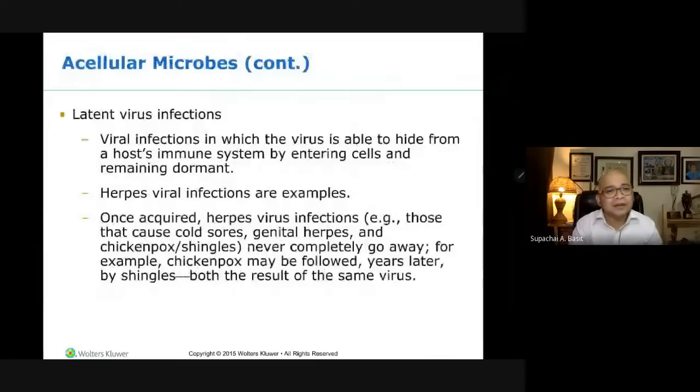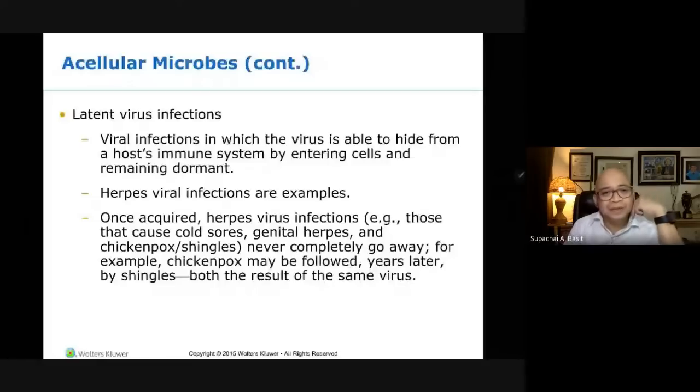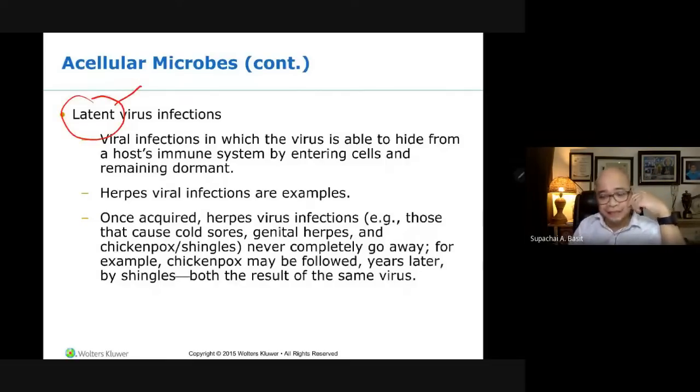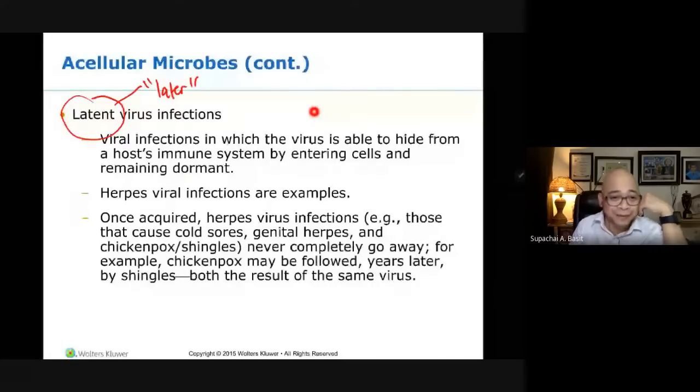Okay, so let's talk about the terminology called latent virus infection. What do you mean by latent virus infection? So the term latent, in order for you not to forget it, just remember the word later. Because these are viral infections in which the virus is able to hide from the host immune system by entering the cells and remaining dormant.